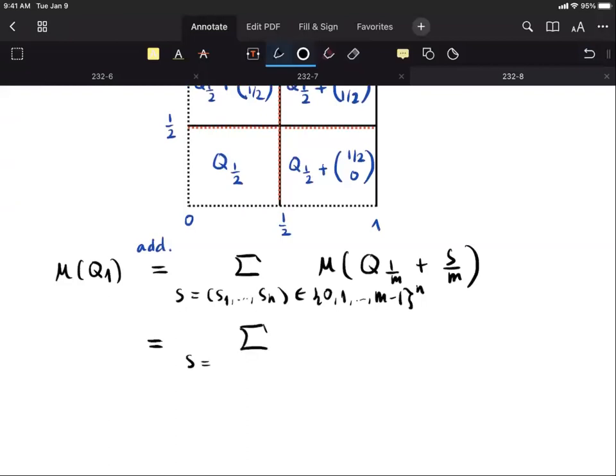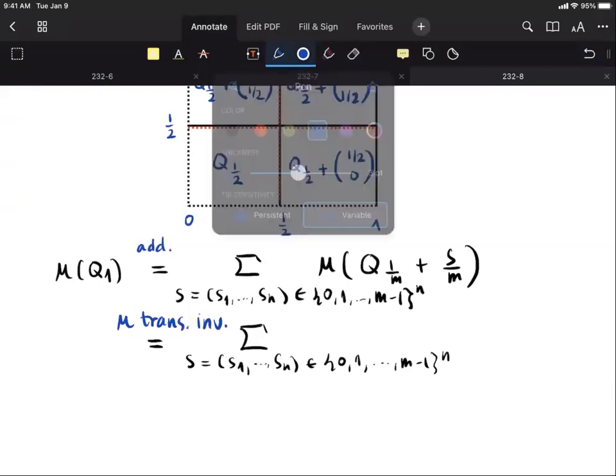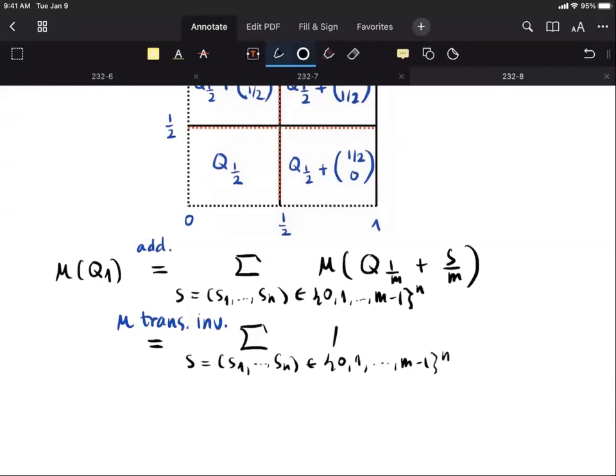So copying the sum, and then by applying the translation invariance of mu, the measure of q1 over m plus s over m is the same as the measure of q1 over m.